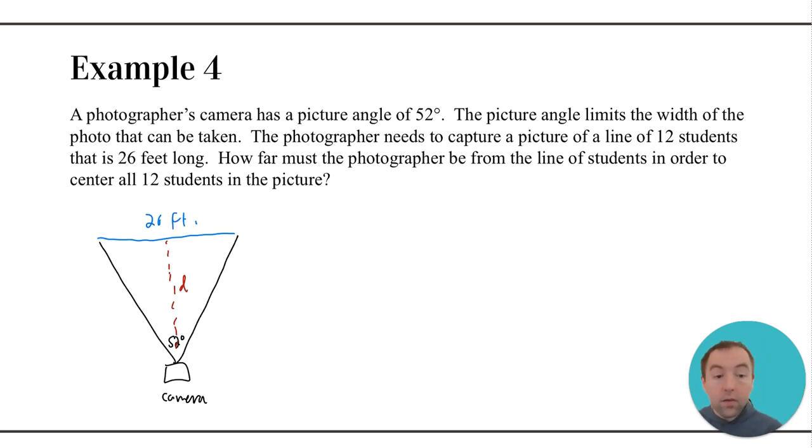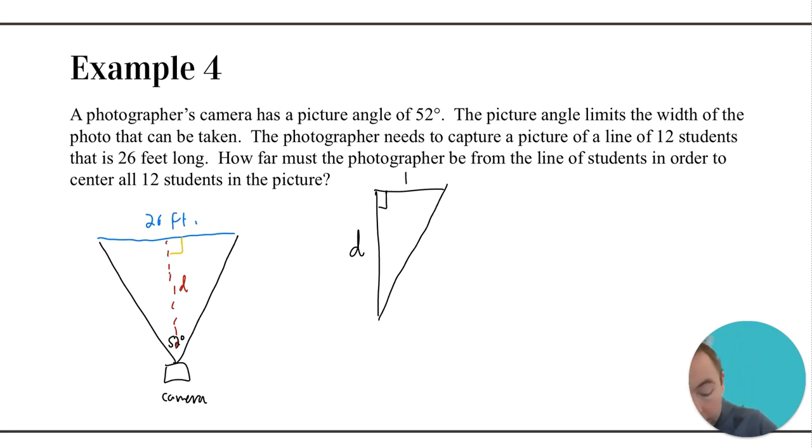Now, the nice thing about that distance is it's a straight shot distance to that blue line, which means we're getting a 90-degree angle formed right there with the line of students and the distance away from the camera, which then forms a couple of right triangles for us. So if I draw out separately one of those right triangles, then we would know that we're trying to solve for that distance d between the camera and the center of the line.